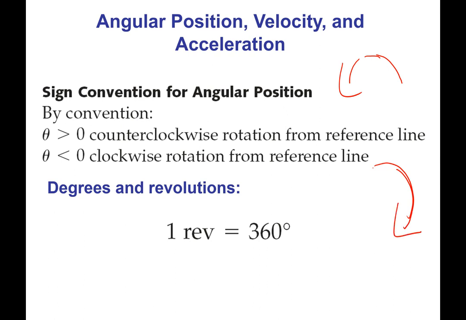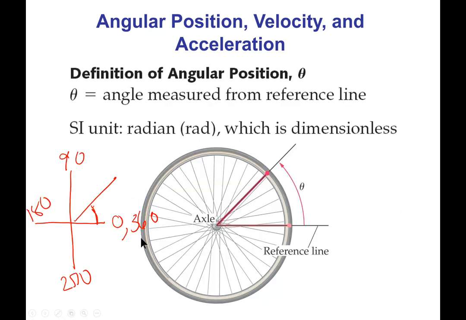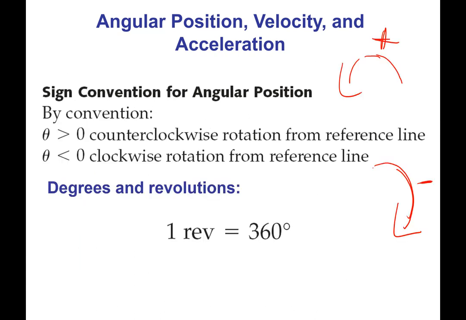So clockwise ends up being negative, and counterclockwise is positive. It's the same thing with the unit circle. You're going from 0 to 90, and if you started going the opposite direction, it would end up being the same numbers, just the negative versions.